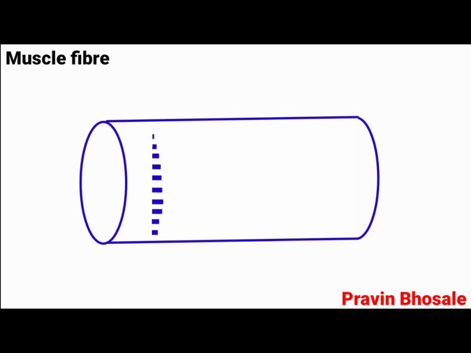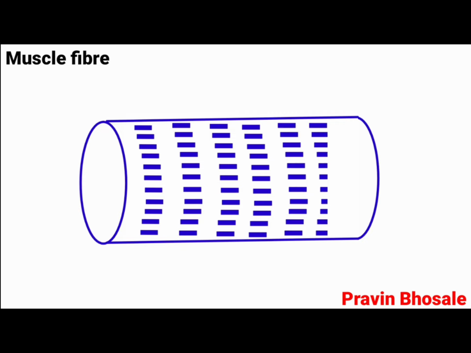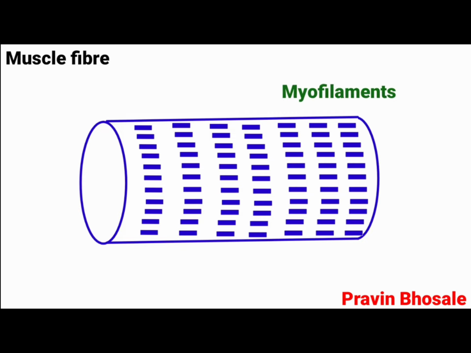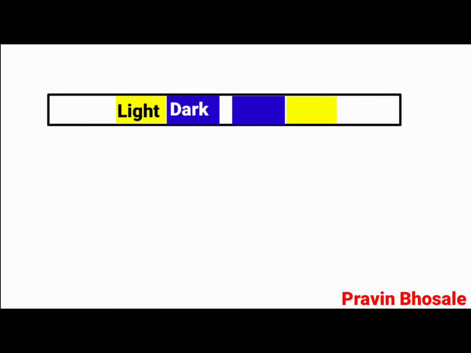A characteristic feature of the muscle fiber is the presence of a large number of parallelly arranged filaments in the sarcoplasm, called myofilaments or myofibrils. Each myofibril has alternate dark and light bands.